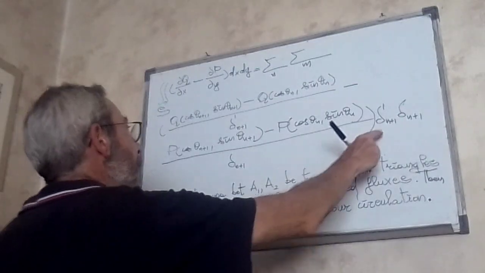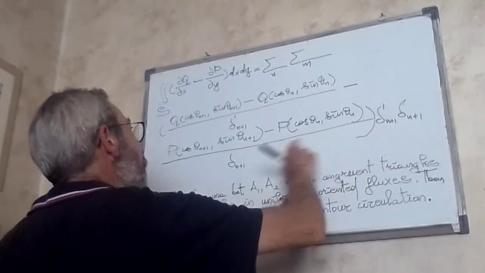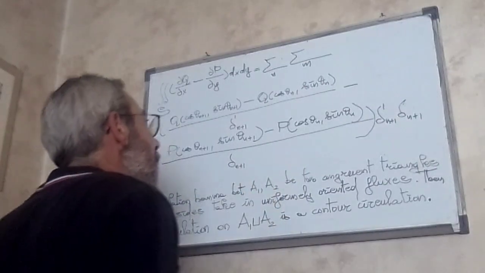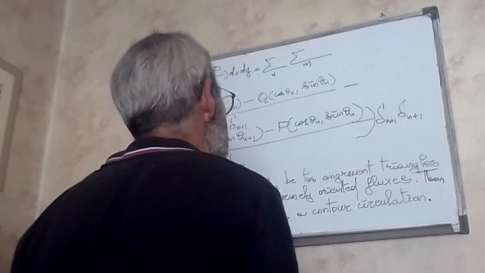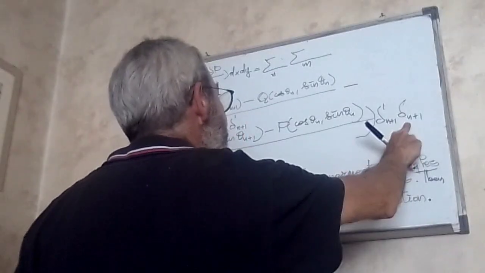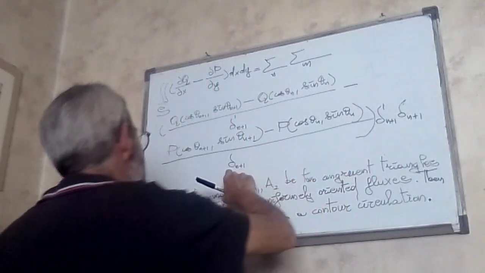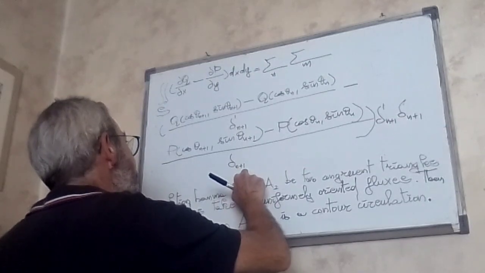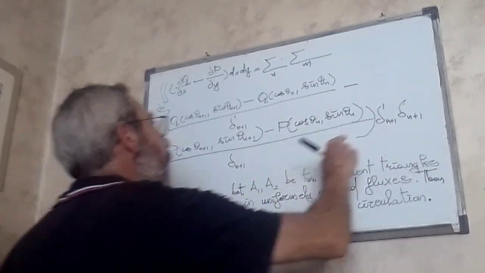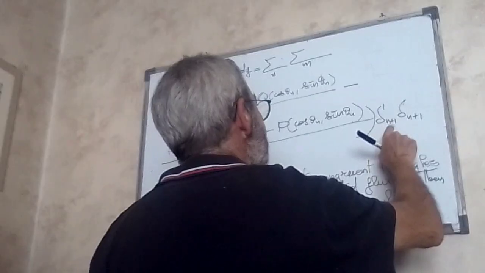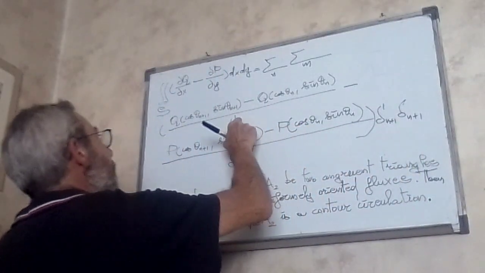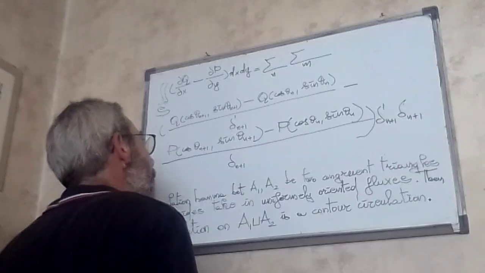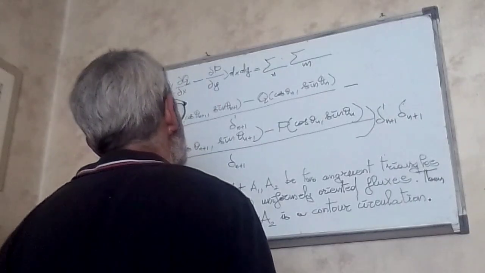But now it's possible to simplify this product. Delta n plus 1 cancels delta n plus 1 at the denominator, and delta dash n plus 1 cancels delta dash n plus 1 at the denominator here.